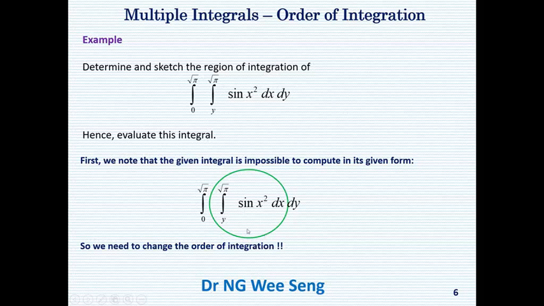But immediately you run into trouble because sine of x squared cannot be integrated. There's no way we can do this. So whenever this happens, you would have to try to change the order of integration. What it means is, instead of doing x, y, we change the order to y, x. So you integrate the function with respect to y first. So that should be your inner integral, and then with respect to x.